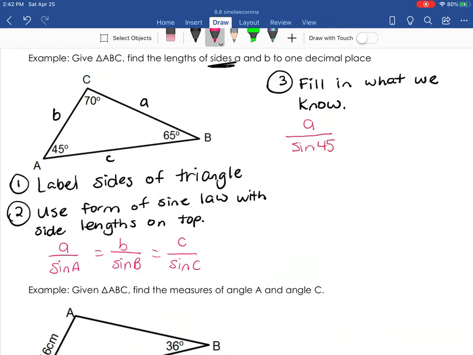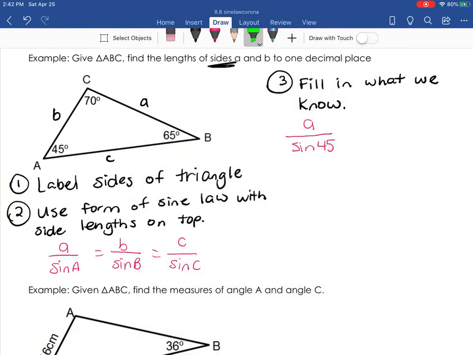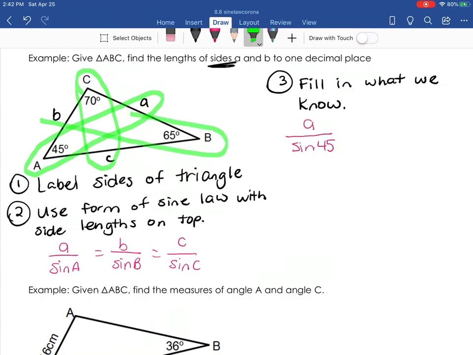So we do not know the side A. We do know that angle A is 45. So sometimes what people like to do is they like to actually make bubbles, okay? So this goes together, this goes together, and this goes together.